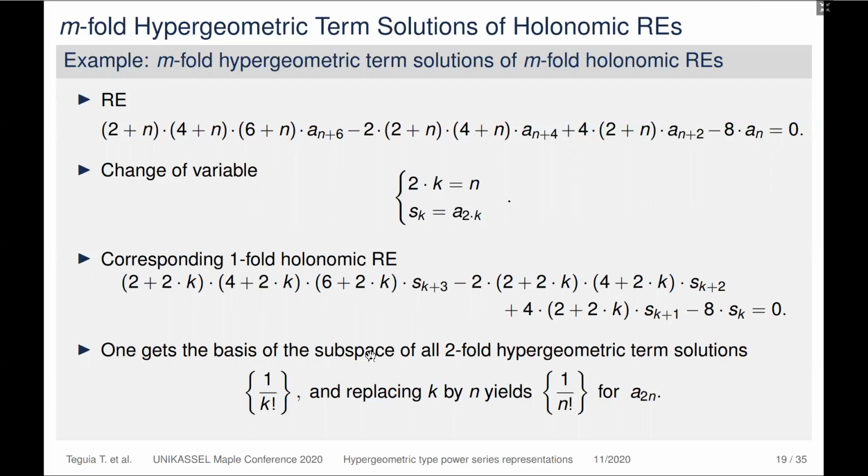Using an algorithm to compute a hypergeometric term solution, we find the space of solutions, and replacing k by n, we find the space of solutions for a_n. So this solves the issue of m-fold holonomic recurrence equations.